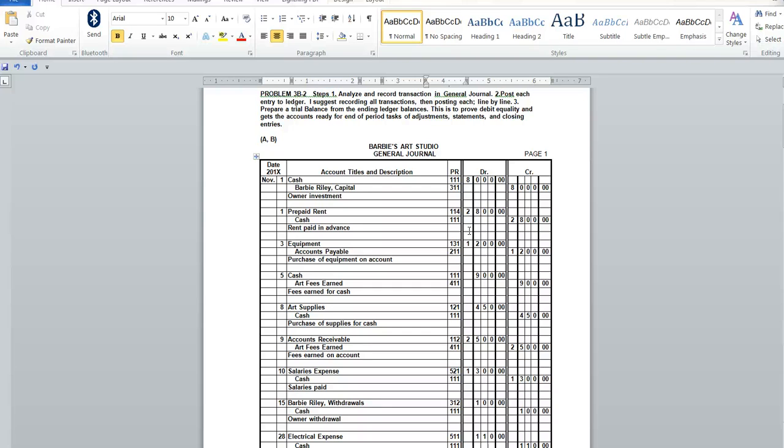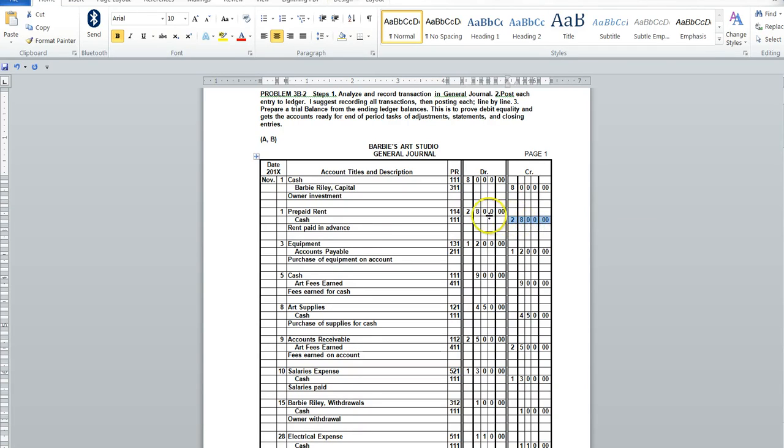All right, but you would take each of these entries line by line. Take the debit to prepaid rent, $2,800. That's an asset. We're going to add to it. We're going to reduce cash by 28.